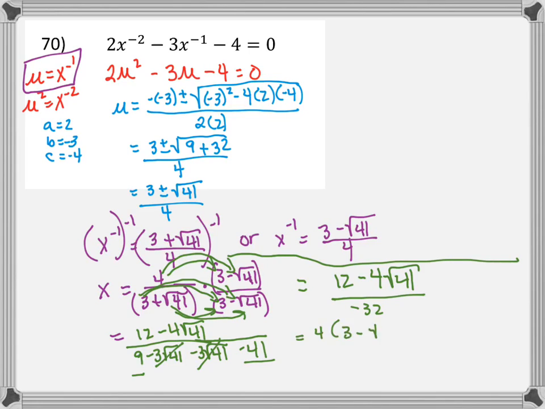Okay, we could factor 4 out of everything. When I factor 4 out of the numerator, I'm left with 3 minus radical 41 inside the parentheses. When I factor 4 out of the denominator, I'm left with negative 8. The 4's can cancel. And here, one of my values for x is 3 minus the square root of 41 over negative 8.